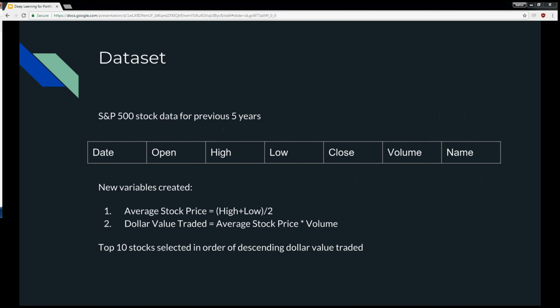A brief introduction about our data set. It's S&P 500 stock data, that's Standard and Poor's index that has the top 500 stocks that are traded.